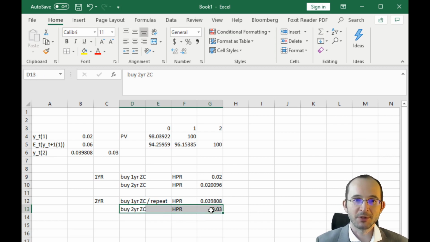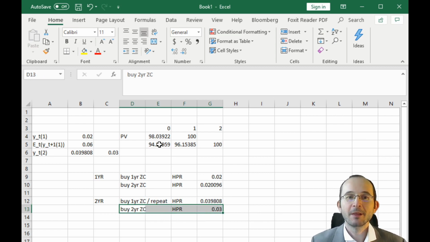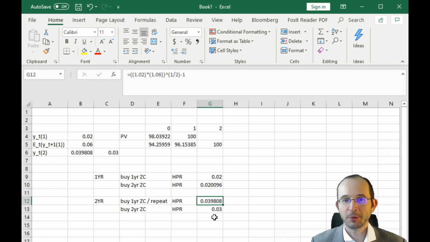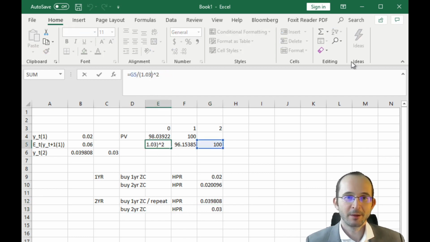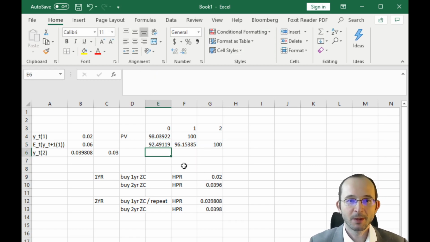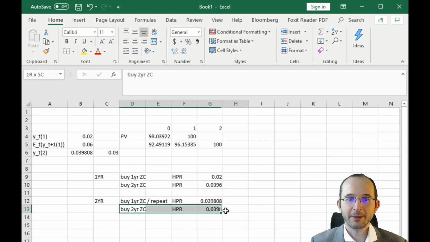And of course, we can sort of see where this is going. Where would the appropriate equilibrium price of the 2-year zero coupon be? Well, it would be at whatever price makes sense for this yield. So if we discount the bond's face value at 3.98%, that bond should then have a price of 92.49, and then the holding period return actually does make sense again.